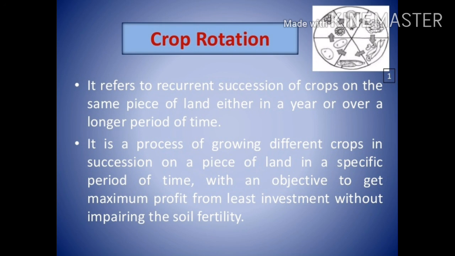And rotation of crops helps in weed control, because weeds are associated with specific crops. When the crop is changed, the weeds associated with the crops usually disappear. And crop rotation minimizes the attack by insects and fungi, because different pests are associated with different crops, and by varying the crops, the insects and fungi associated with the crops usually disappear.